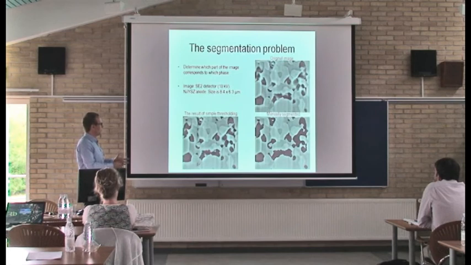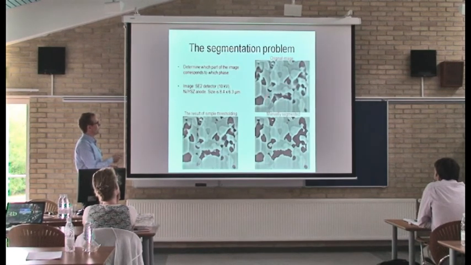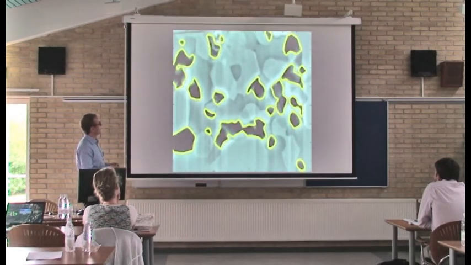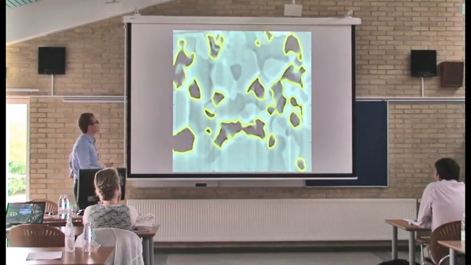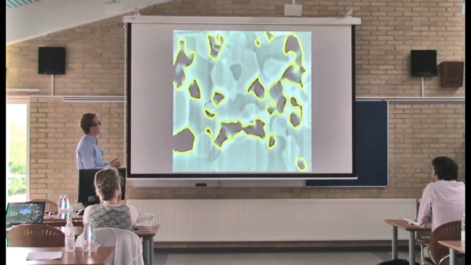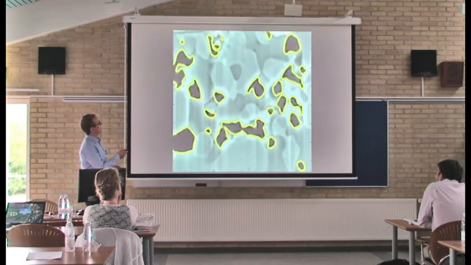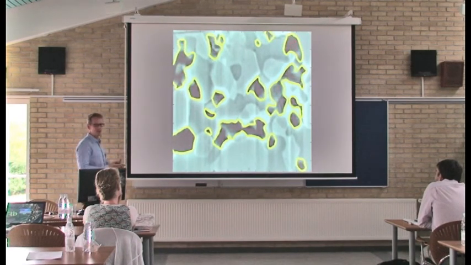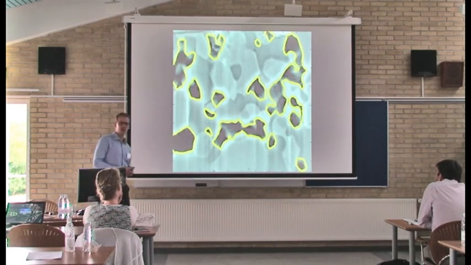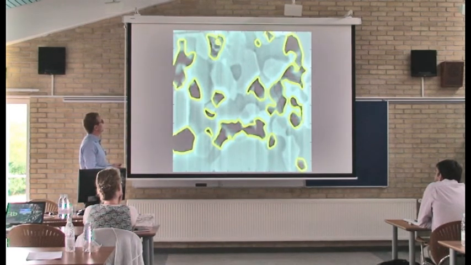So we're developing a method for trying to segment image data with artifacts like these in them. Here I'll show the result before I explain what's going on, just to give an idea of what we are trying to do with this methodology. The general idea is that we want to seed our initial segmentation in the regions that have very low intensity, which we say corresponds to porosity with very high probability.